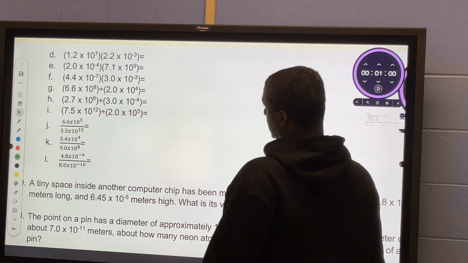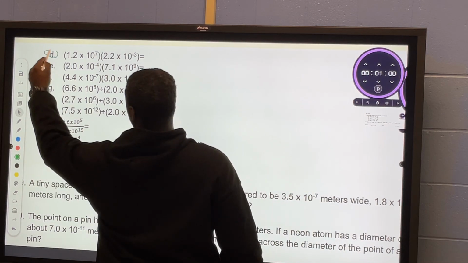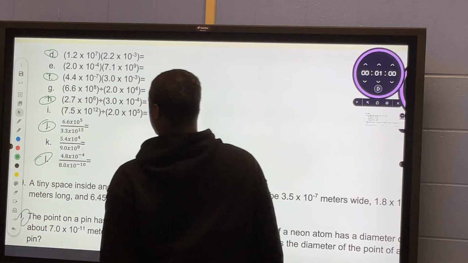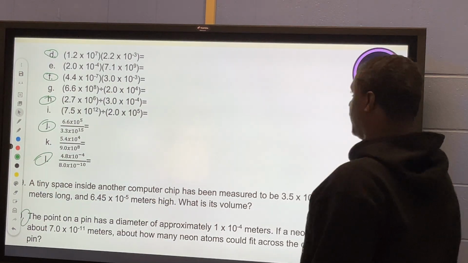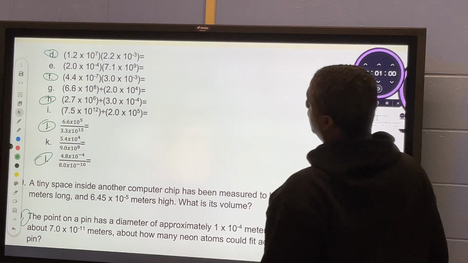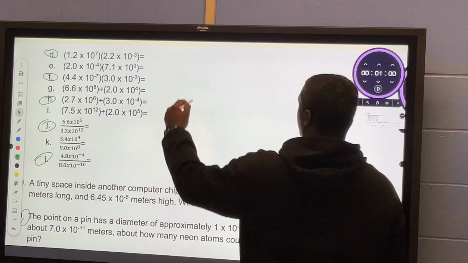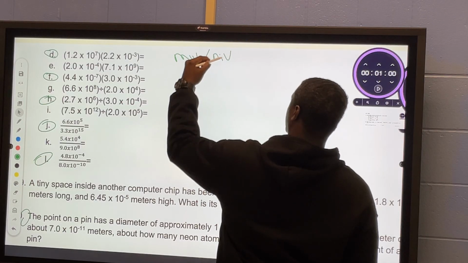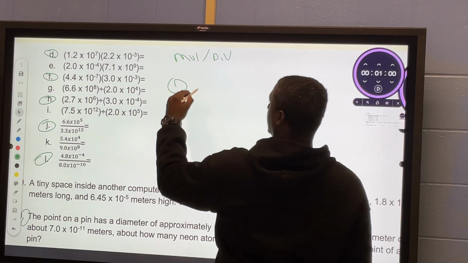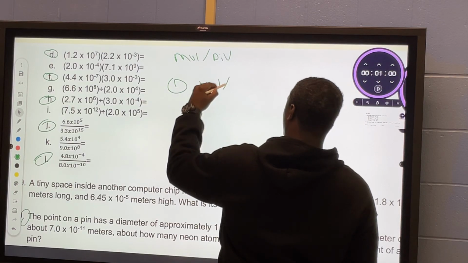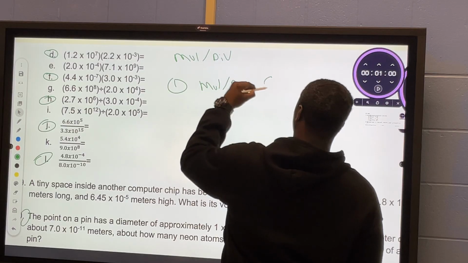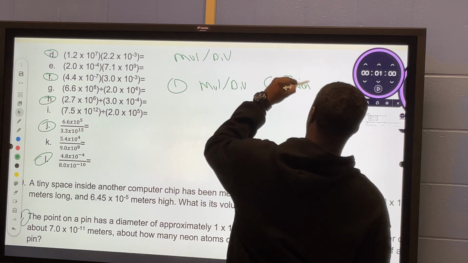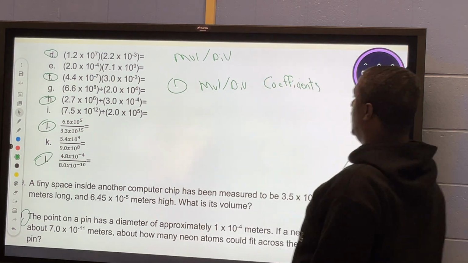Alright, let's look at the first one. So we go by rule. Multiplication and division, rule number 1: multiply or divide the coefficients.